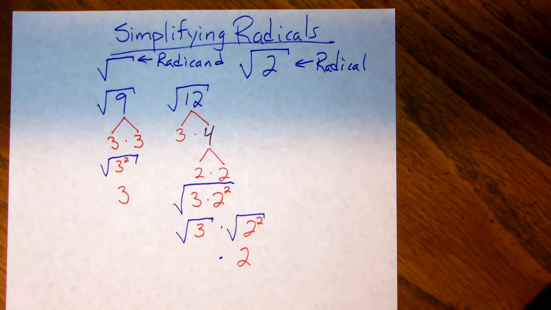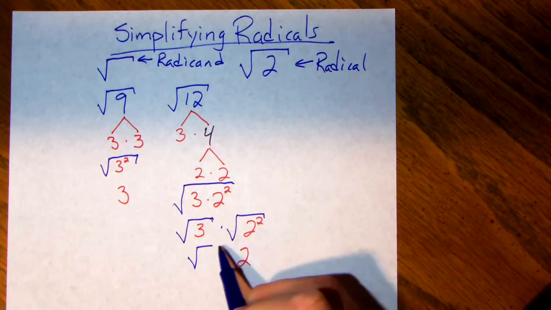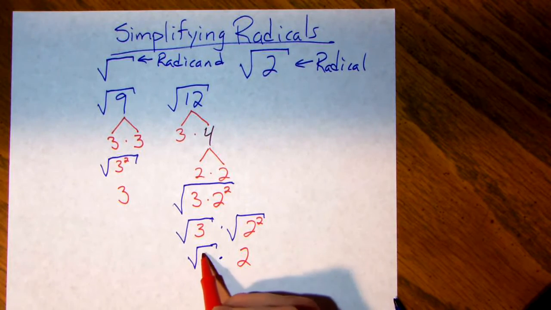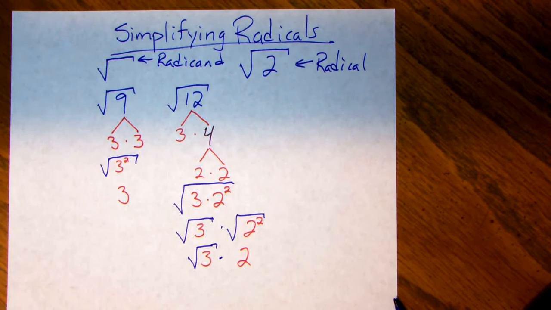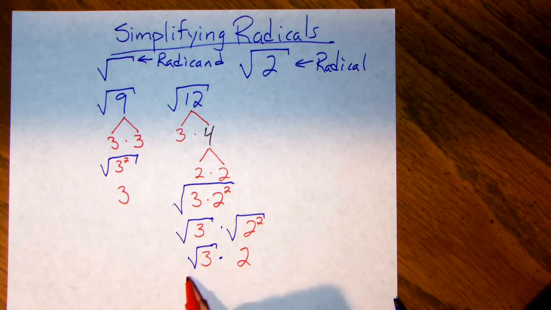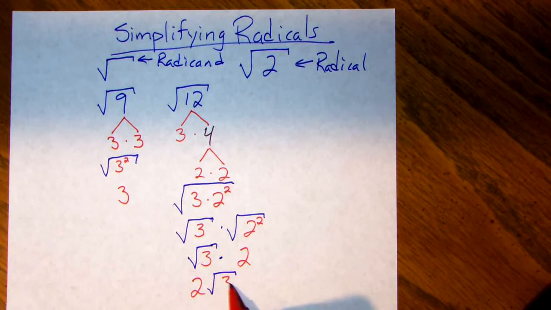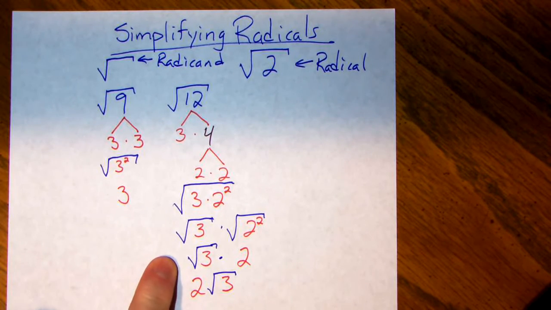Square root of 3, well, I can't really simplify that because there's nothing being squared inside, so I just leave that as the square root of 3. And so my fully simplified form of square root of 12 is 2 times the square root of 3. We generally write the non-radicand number in front, kind of like when we write 2x.